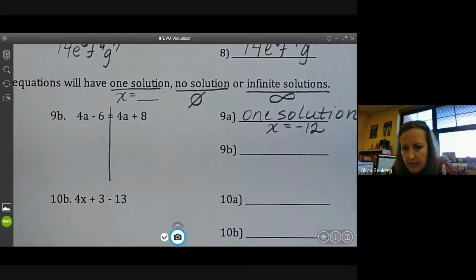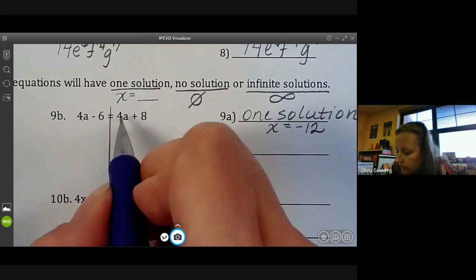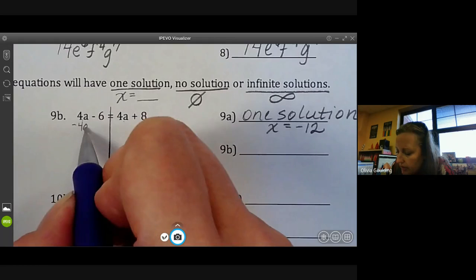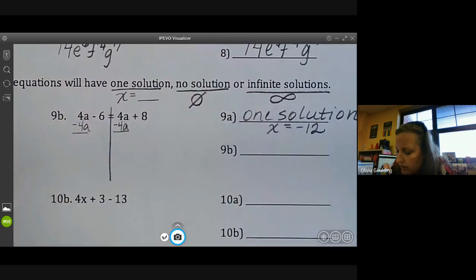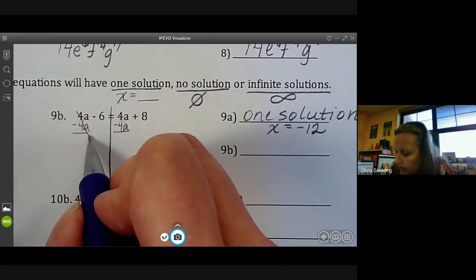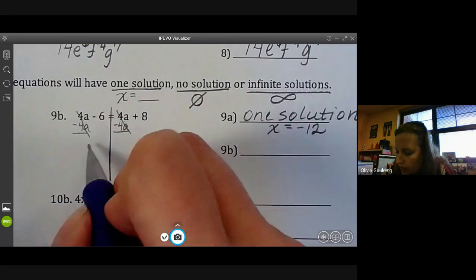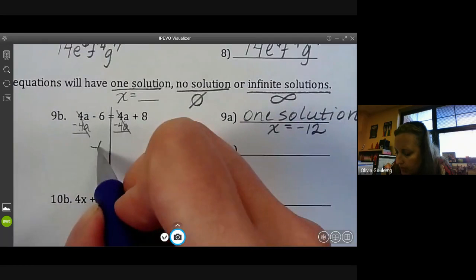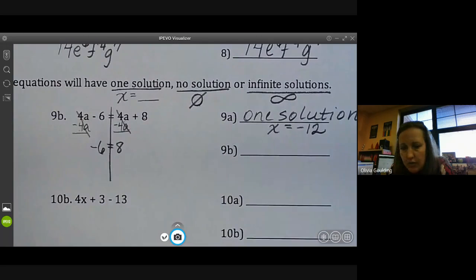So let's start our process of solving. I have like terms 4a and 4a. So I'm just going to subtract 4a from both sides. Now notice additive inverse, additive inverse, so these both become 0. So I'm left with negative 6 is equal to a positive 8.